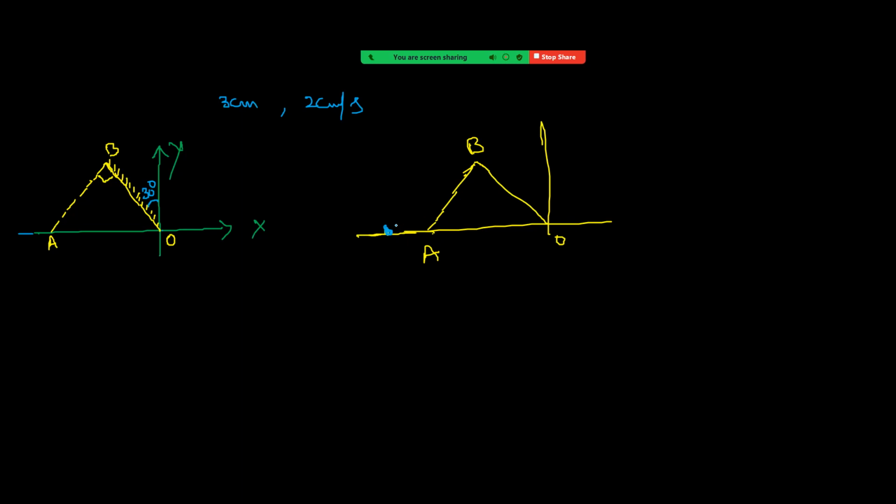If it is somewhere here, light rays fall on the mirror. You can take them falling anywhere. After reflection, they're coming like this. You can see after reflection, rays are not reaching its eyes. You can take any point left of point A. Light rays falling on the mirror at any point on the mirror cannot reach the eyes of the insect.